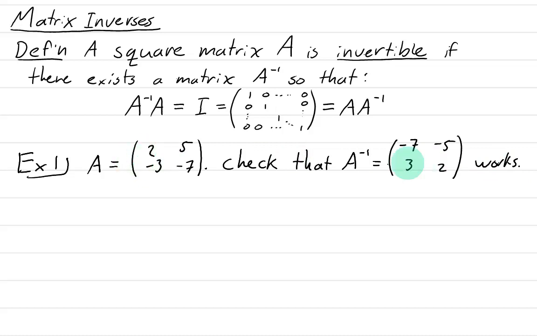So we just want to make sure that this is actually A inverse and that A is invertible. To do that, let's do A times A inverse, but I'll think of it this way.